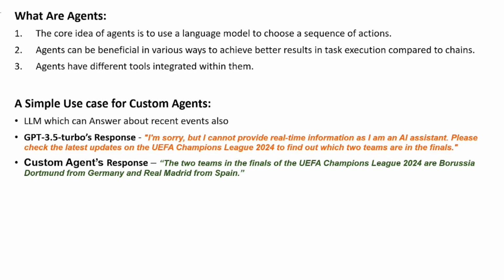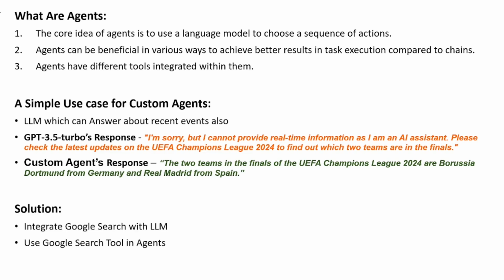In this way, we can utilize a custom agent to achieve the results that we wanted. If we can integrate Google search with the language model, we can achieve the result which we want. So we can use Google search as a tool and integrate it with the agent. But if we are using a predefined agent, it would be more difficult to explain the list of tools that are already integrated with the agent and then append the Google search tool to it.